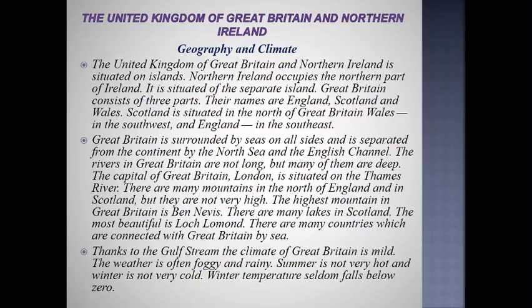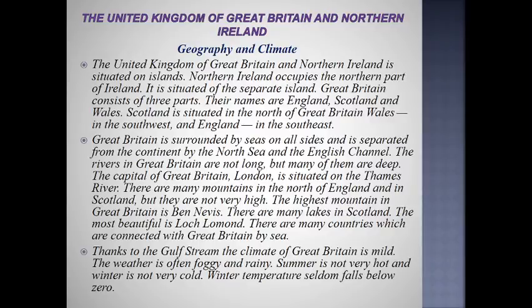Islands – острови. Northern Ireland – Північна Ірландія. Consist – складається. England, Scotland, Wales – Англія, Шотландія, Вельс. Surrounded – бо початкова форма to surround – оточений.